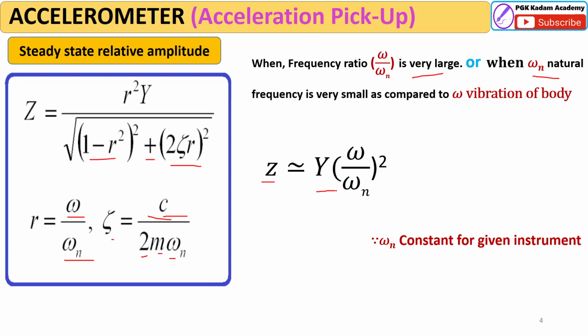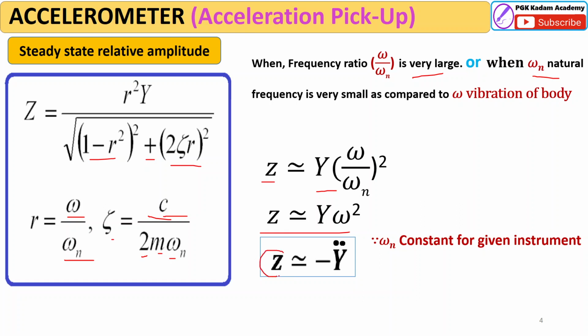Then, when omega n is constant for the given instrument, we can write Z equals Y omega squared, and ultimately we can say that the relative amplitude is approximately equal to the acceleration of the body when it is vibrating.